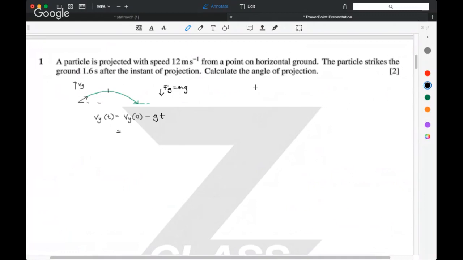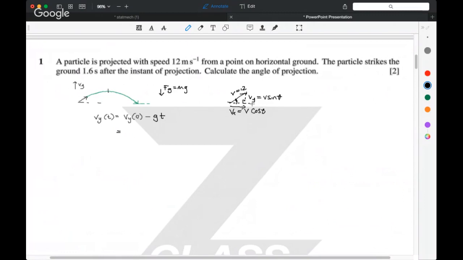Well, we know that it is fired with a net velocity of v equal to 12. And this is basically the hypotenuse of a velocity triangle, where this is the vx, which must be equal to, if this is theta, the angle of projection, v cosine theta, and this vy is equal to v sine theta.